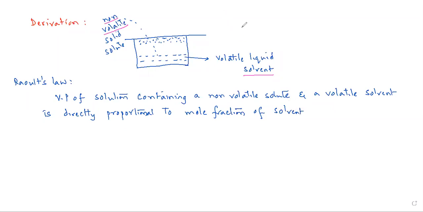Because the vapor pressure of the solution is in fact due to this solvent only, not due to the solute.